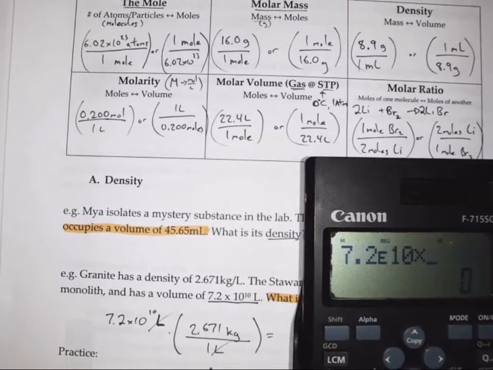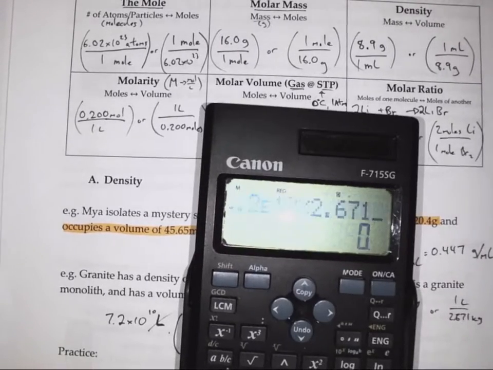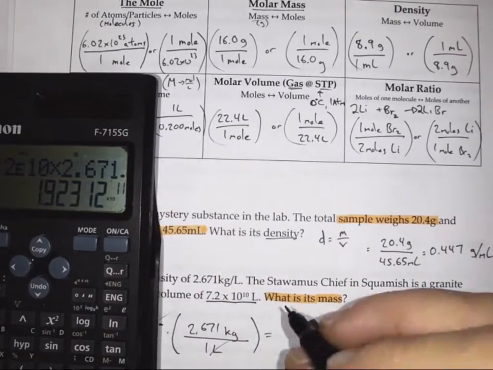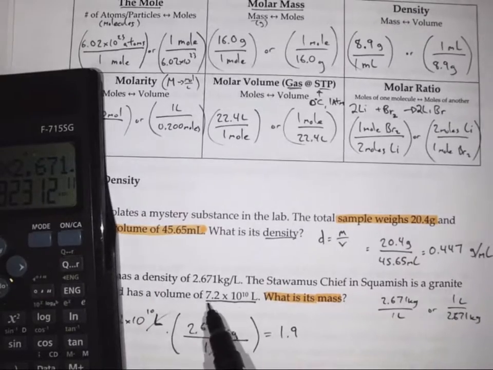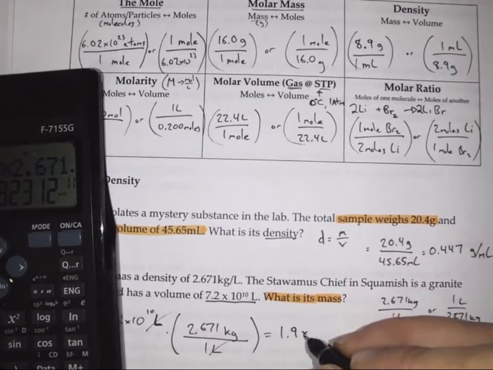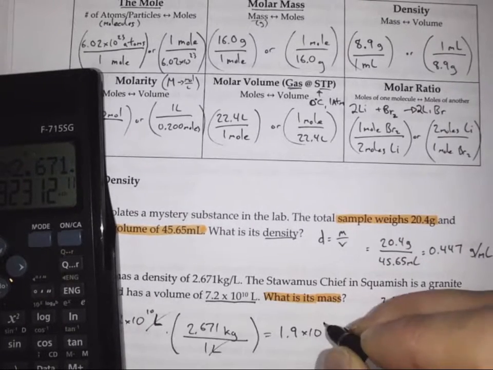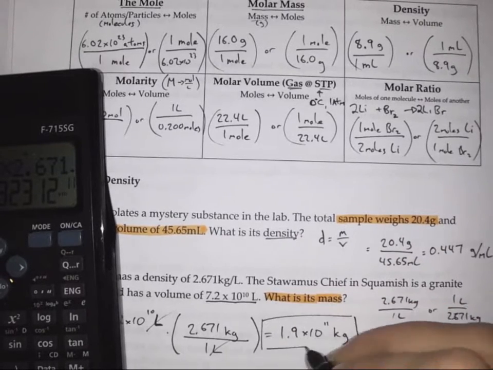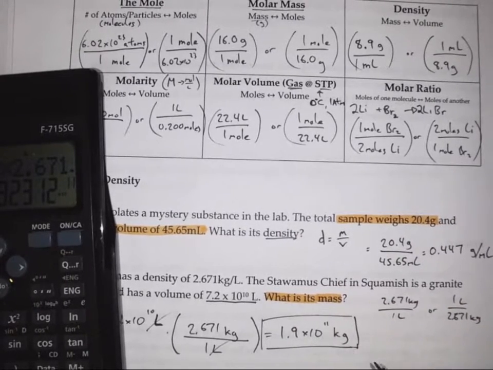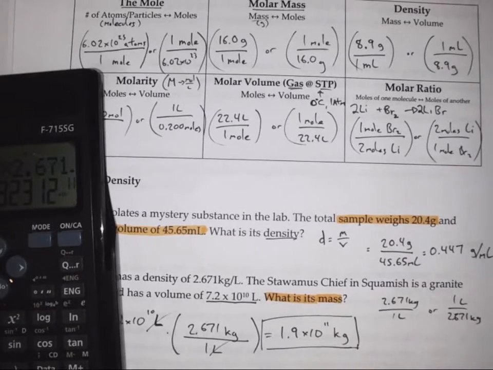We're going to multiply that by 2.671, and that gives us a value. It's 1.9, wait, how many sig figs do we get? Just 2, okay, 1.9 times 10 to the 11 kilograms, which is about 100 billion kilograms.